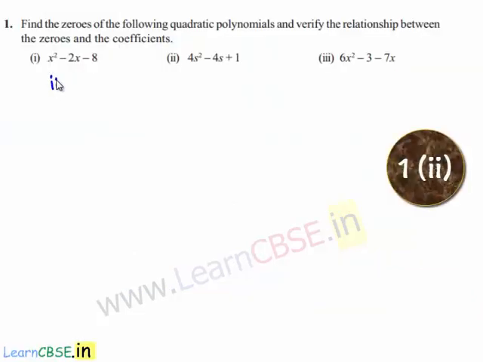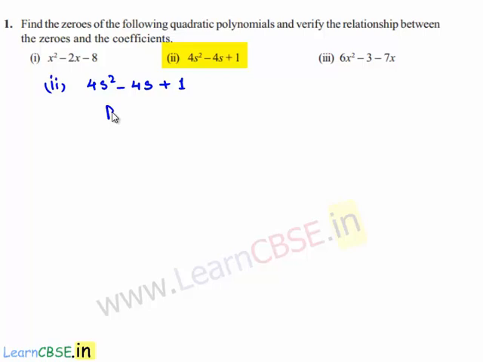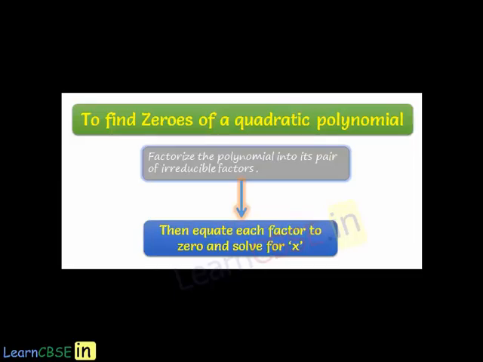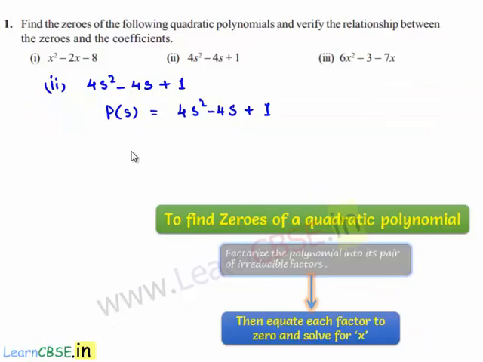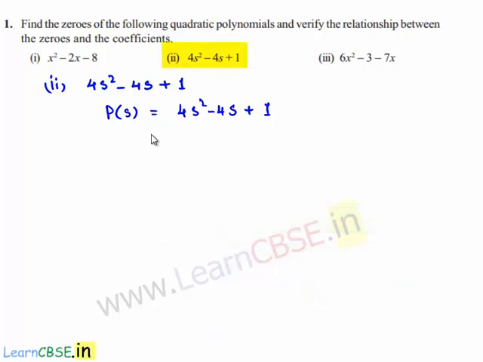Coming to the second one, which is 4s square minus 4s plus 1. So let p of s be a polynomial which is equal to 4s square minus 4s plus 1. So in order to find the zeros of the polynomial p of s, we need to factorize the given polynomial.